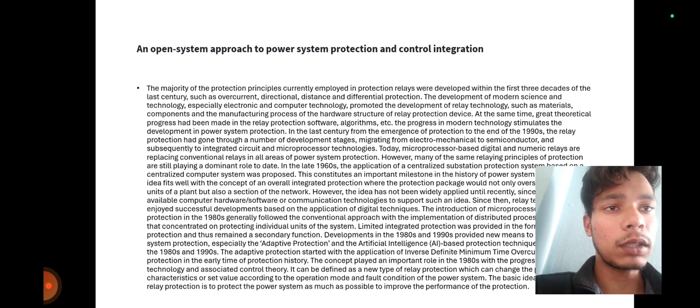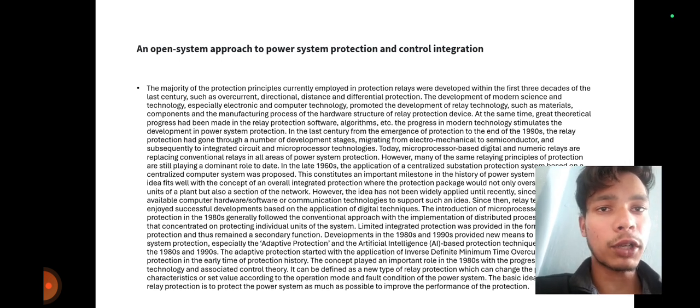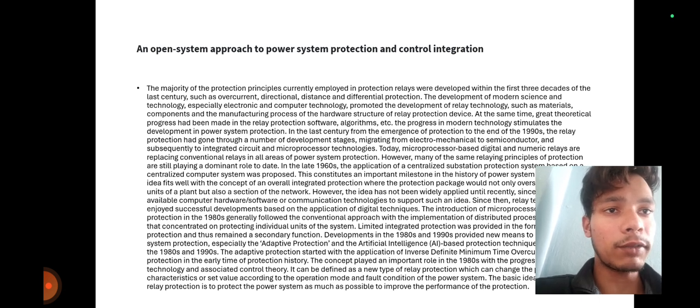The progress in modern technology stimulates the development in power system protection. In the last century, from the emergence of protection to the end of the 1990s, the relay protection had gone through a number of development stages, migrating from electromechanical to semiconductor and subsequently to integrated circuit and microprocessor technologies.